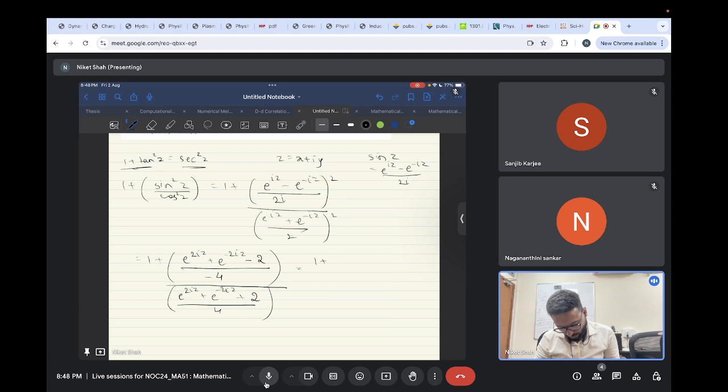So this becomes what? 1 plus cos 2z minus 2, divided by 4.